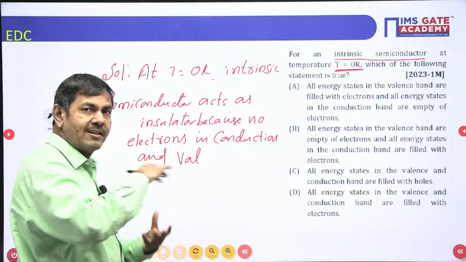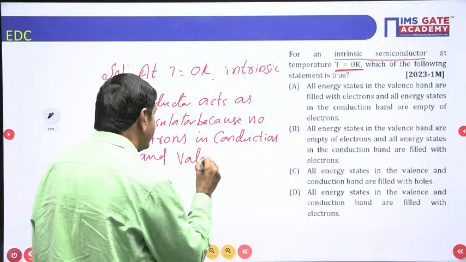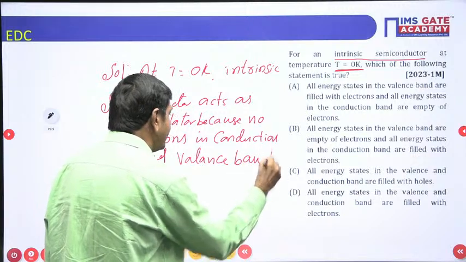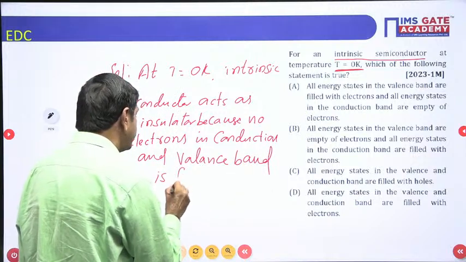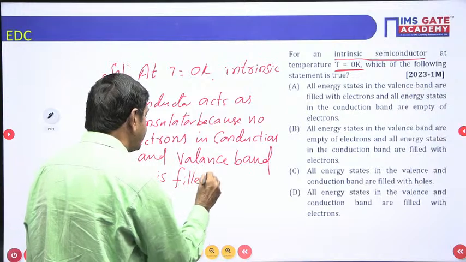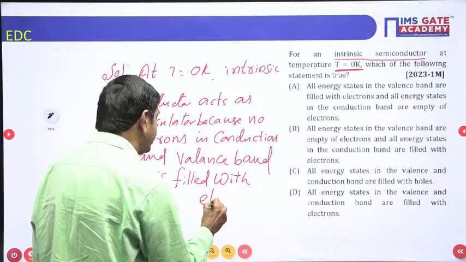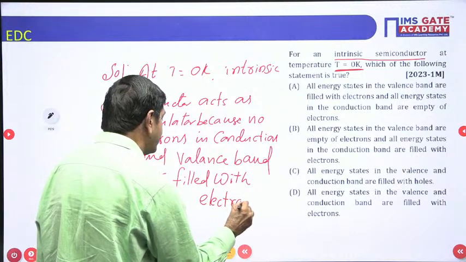All the electrons are in the valence band, which is filled with electrons.